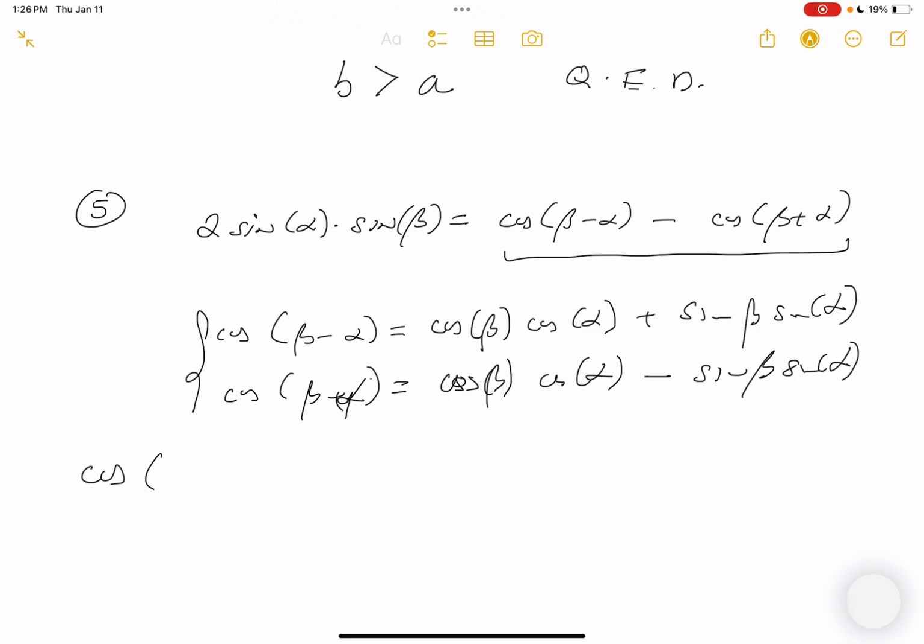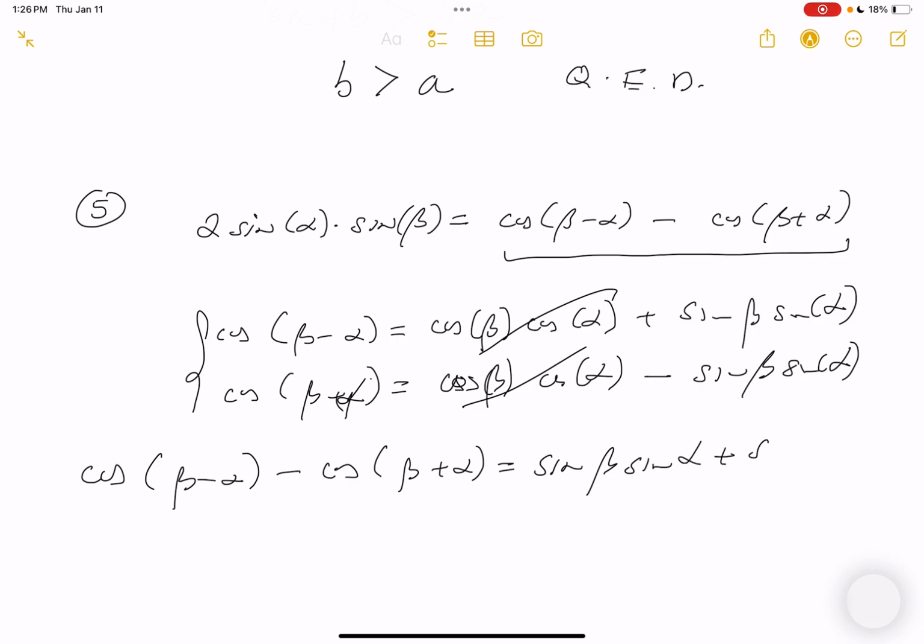And I can subtract these. What do you get? Cosine beta minus alpha minus cosine beta plus alpha equals, these would disappear, and you're left with sine beta sine alpha plus sine beta sine alpha, which would give me 2 sine beta sine alpha. We're getting exactly what they said it is.